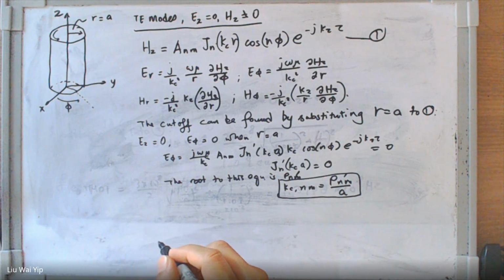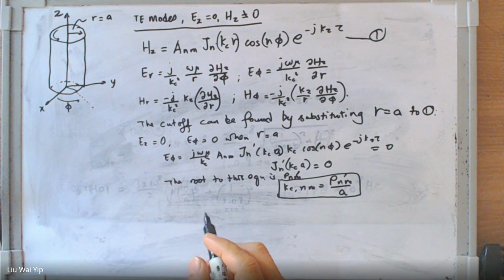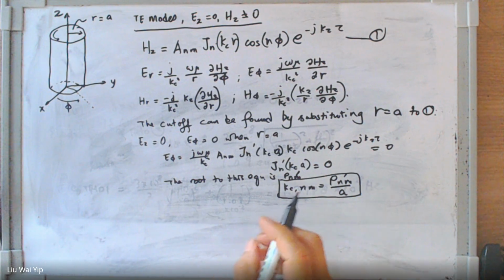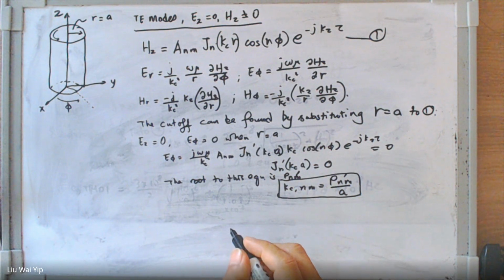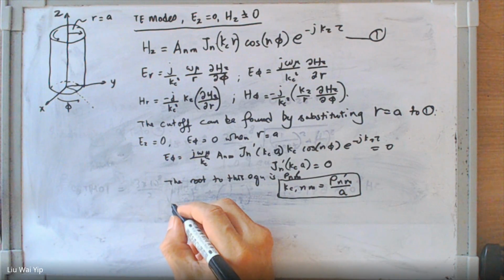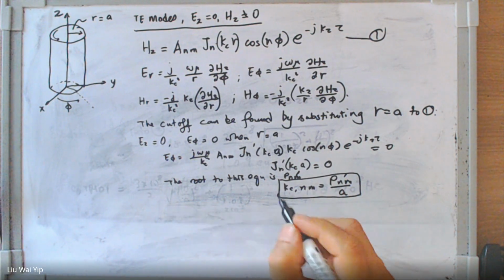The cutoff happens when kz is equal to 0.